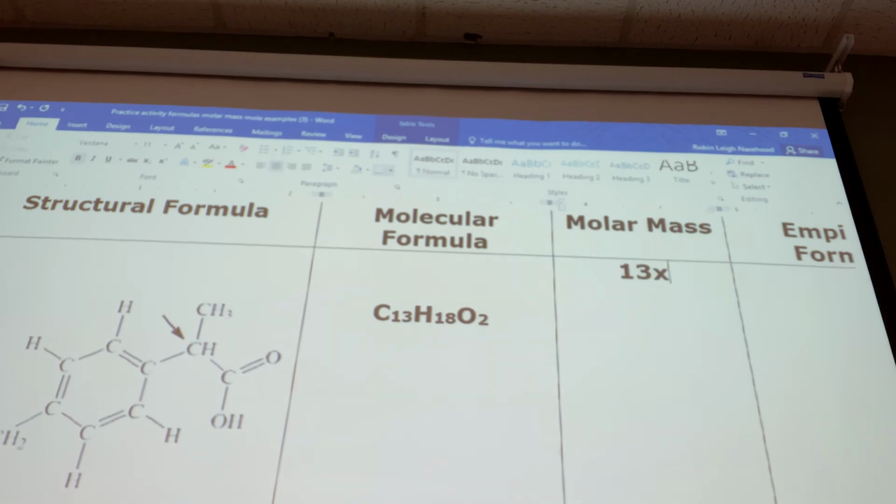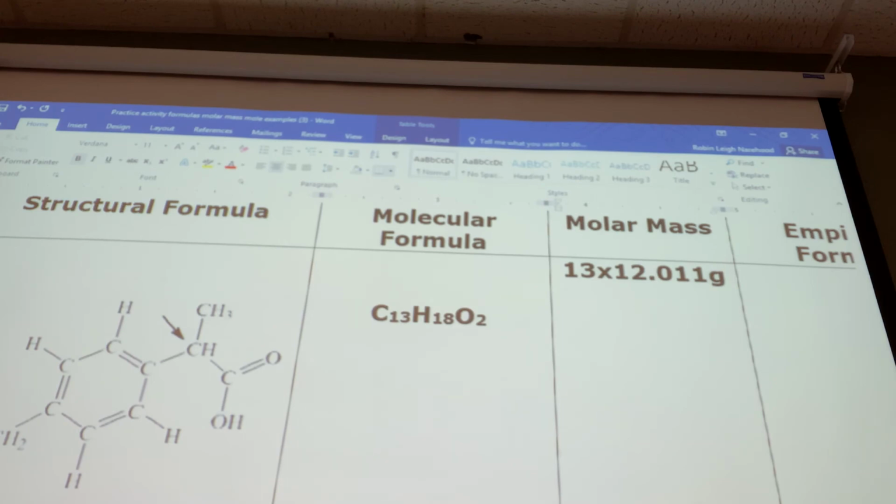We're going to use all of the digits in the table, and I want you to use the table that I gave you. So you're going to use 12.011. And molar mass, the unit for mass is grams, because everything's been scaled up to what's called a mole. And so it's the weight of the element in grams.